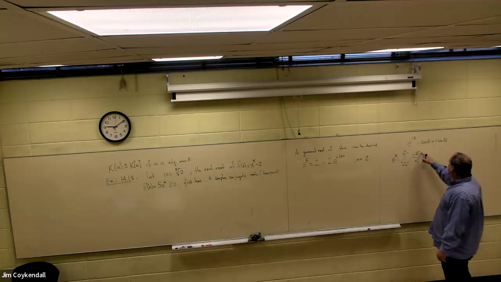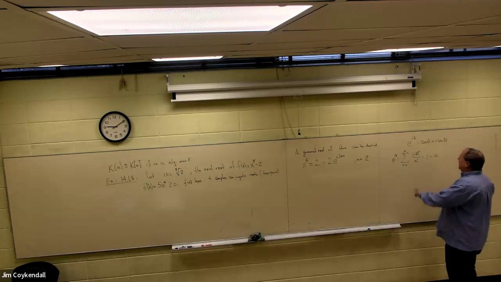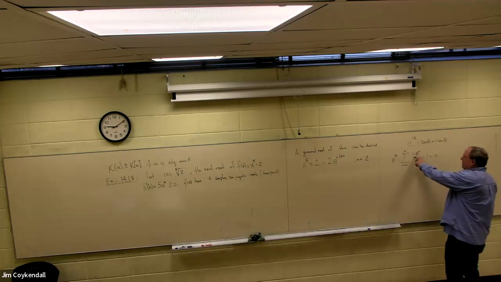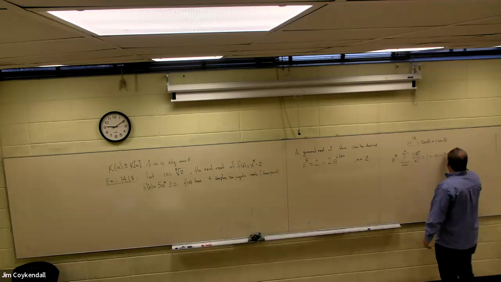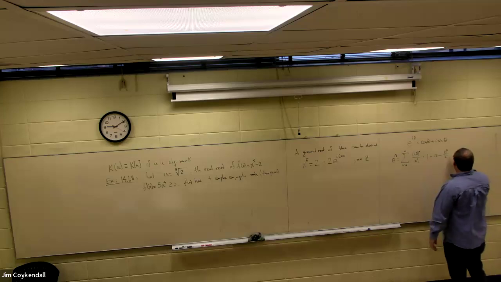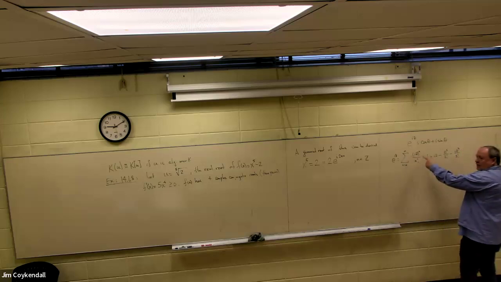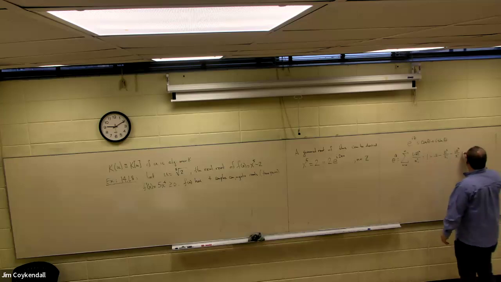This is n equals 0. This is 1, plus i theta over 1. Now when you square this, you're going to get minus theta squared over 2 factorial. When you cube it, you're going to get minus i theta cubed over 3 factorial. When you take the fourth power, it's back to 1.